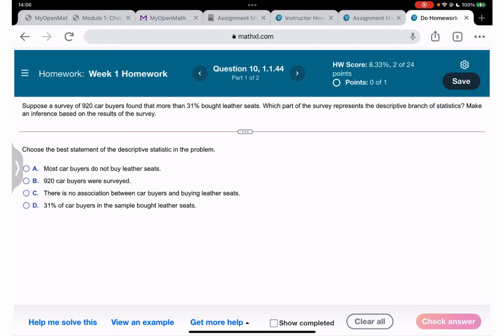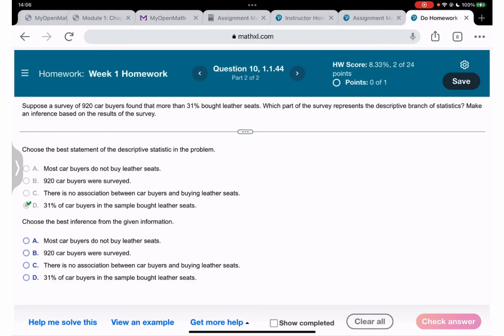Make an inference based on the result of the survey. So let me see. The fact that 31% bought the leather seats. Okay, that's descriptive. It's just describing the fact, right?